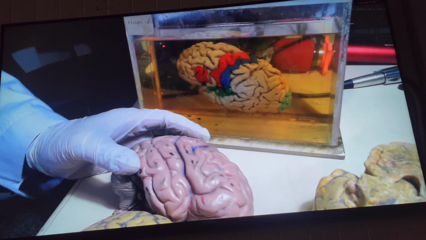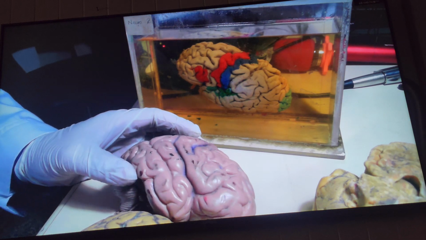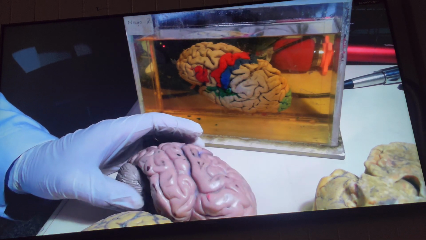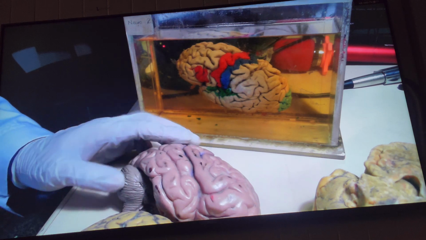Now, what about cerebral dominance or lateralization of cerebral cortical function?